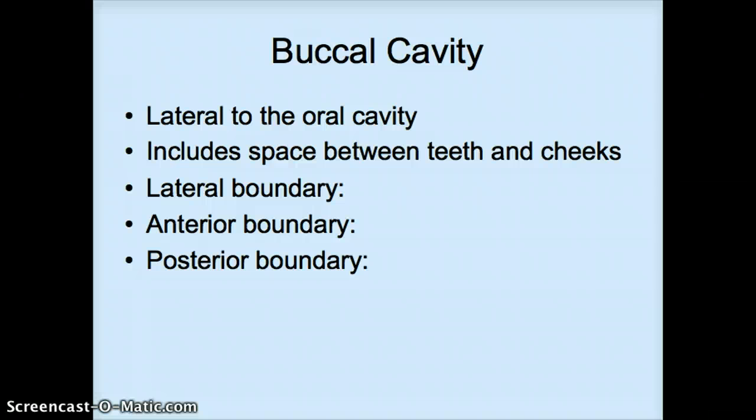The anterior boundary are the lips. And the posterior boundary are the third molars. Okay, so this is just that little bit of space in between your teeth and your cheeks on either side. This cavity plays a role in oral resonance and high-level consonant production.